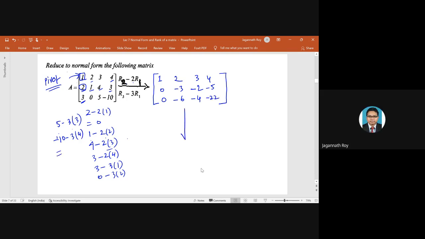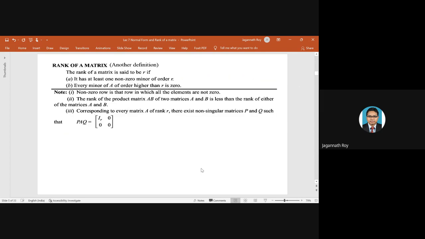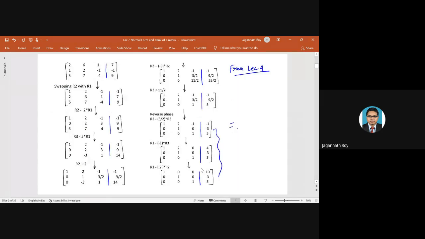Now, I already mentioned here we can perform row operations and column operations. If you remember the row operations we did earlier, we wanted to make all these 0 first. Then after that we did the reverse phase.